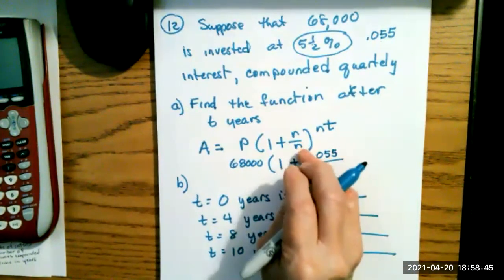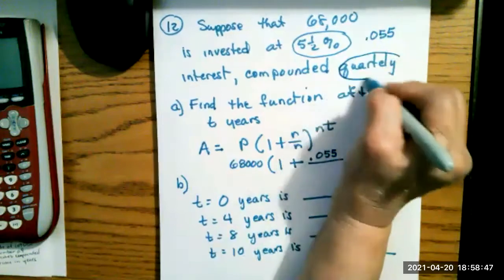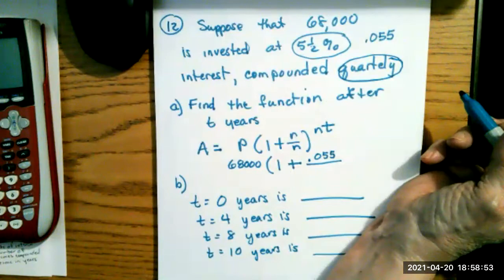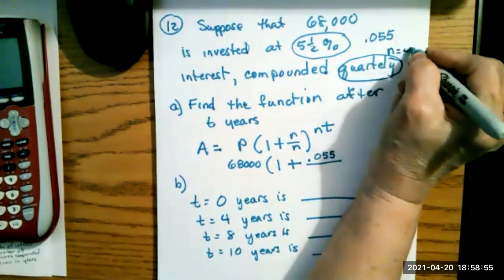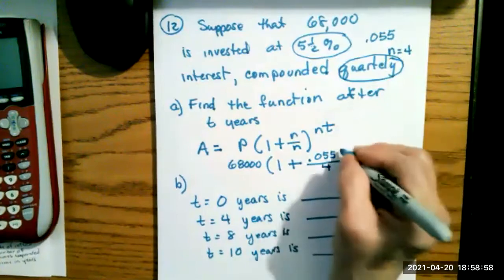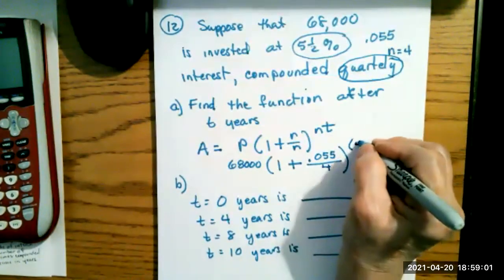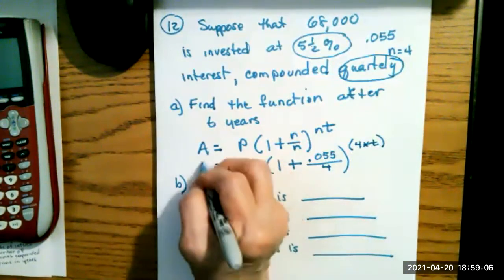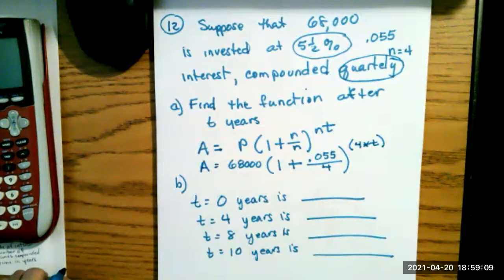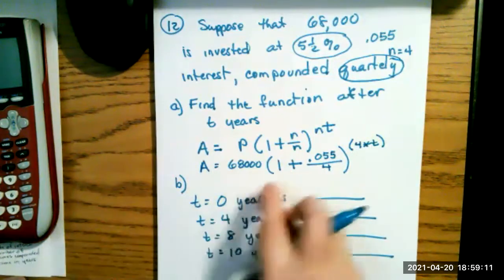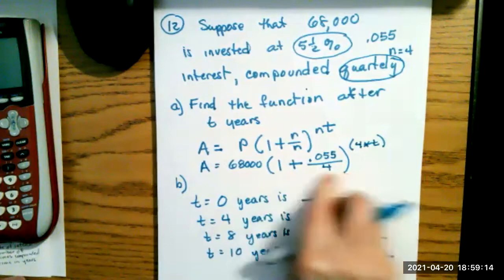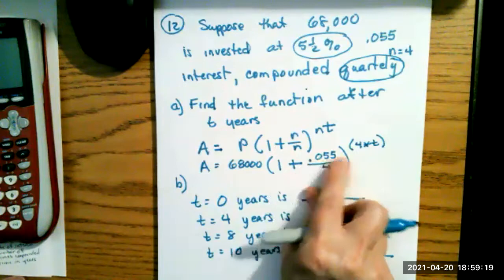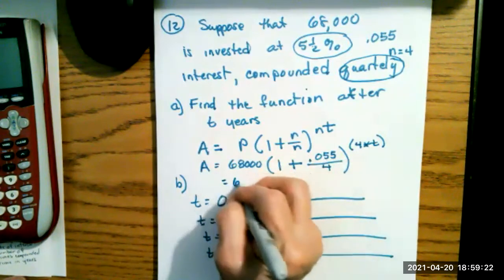The N is the number of times a year that it's compounded. Since it says quarterly, N is equal to 4. And then up here you have 4 times T. So this is your formula. Somebody in your calculator do 1 plus 0.055 divided by 4 and let's see what that amount is.